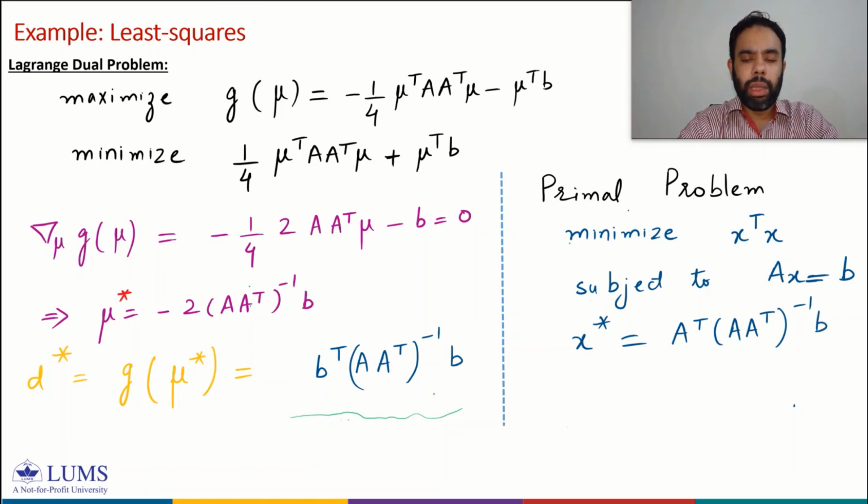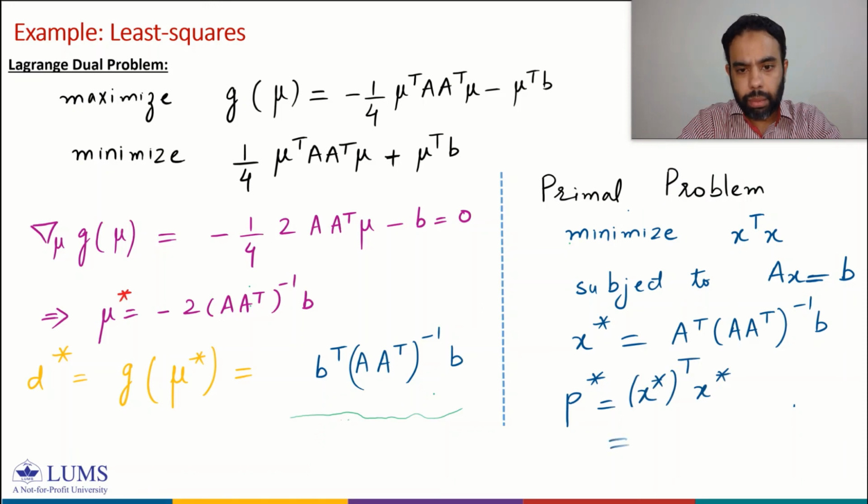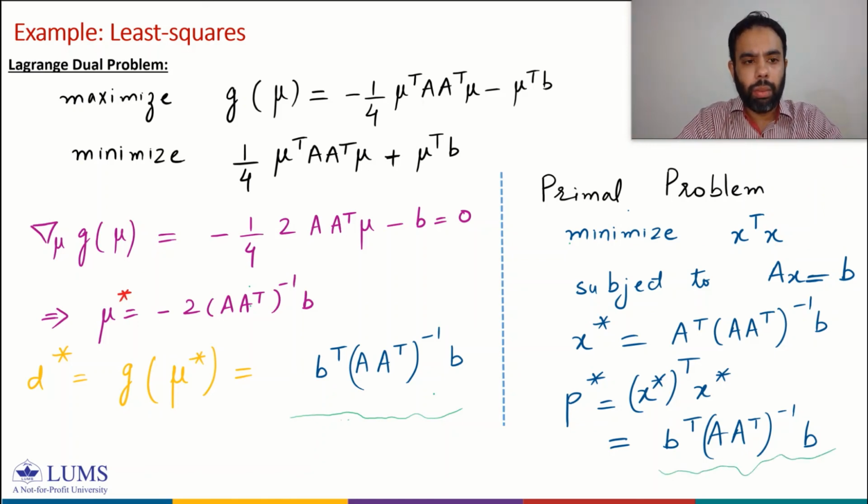When you substitute this in the objective function x transpose x, what we get is p star. So p star would be x star transpose x star, and that is given by b transpose (A A transpose) inverse b, and in fact this is equal to d star. So we say that for this problem we have strong duality, and this is also found by Slater's condition or Slater's constraint qualification.